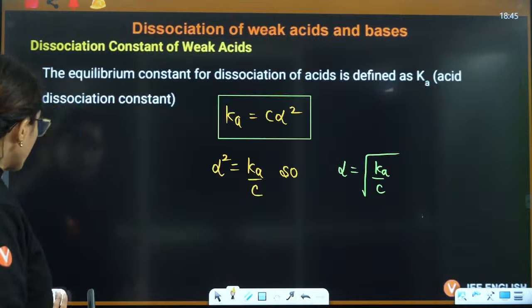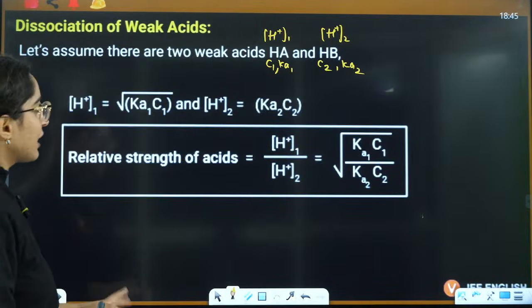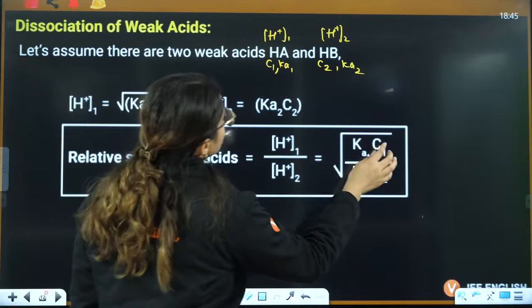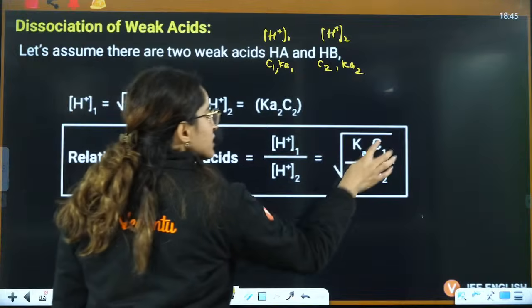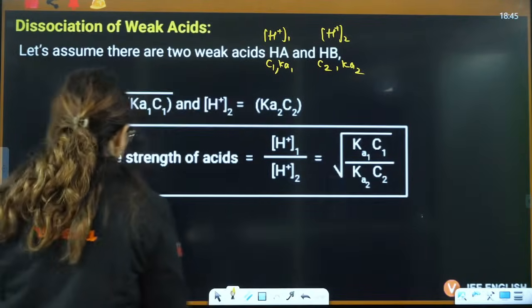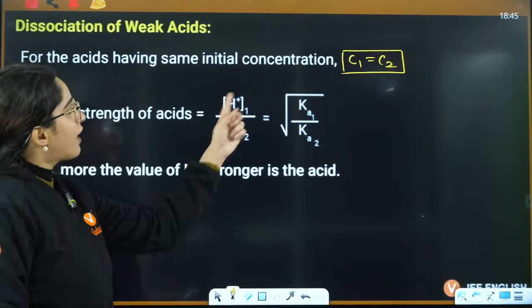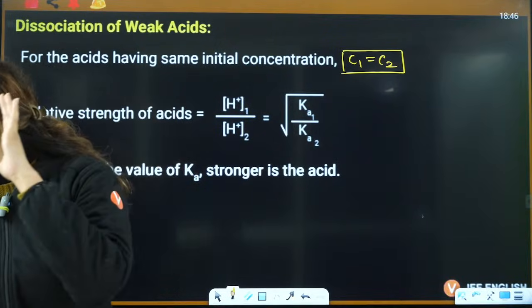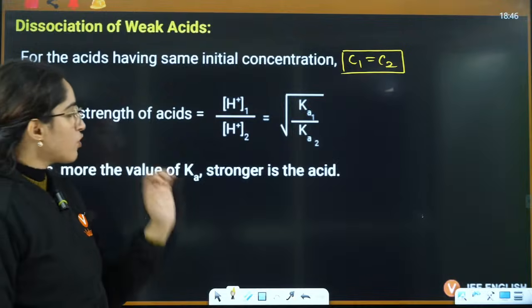So if initial concentrations are same, then the C1 is equal to C2. These two things will cancel each other. So H positive of 1 by H positive of 2 is equal to under root of Ka1 by under root of Ka2, right?